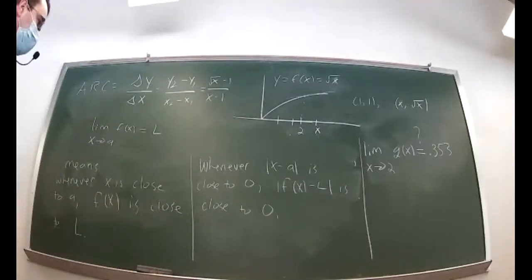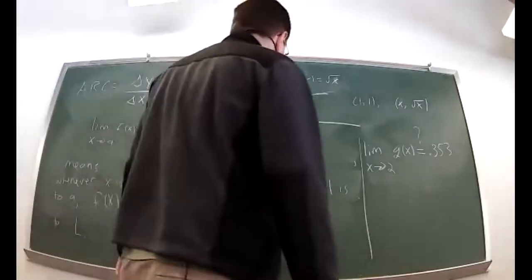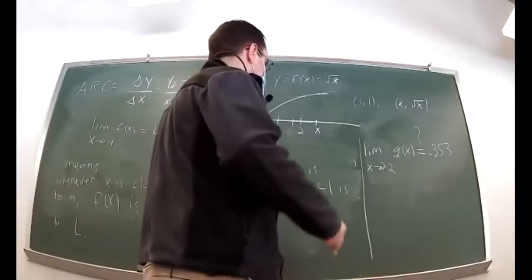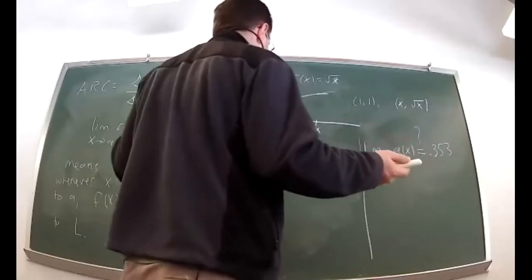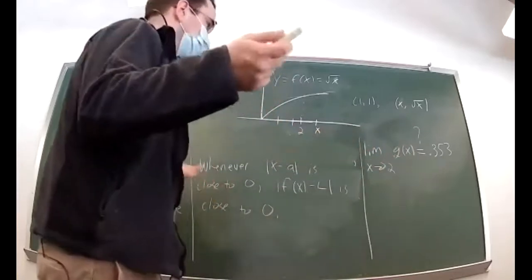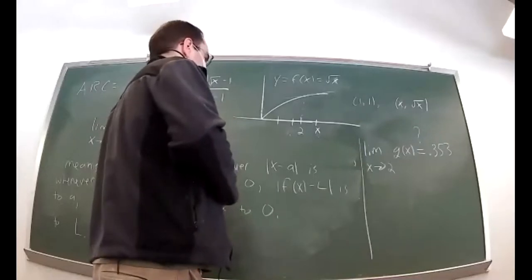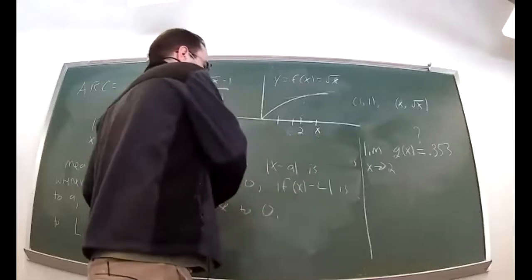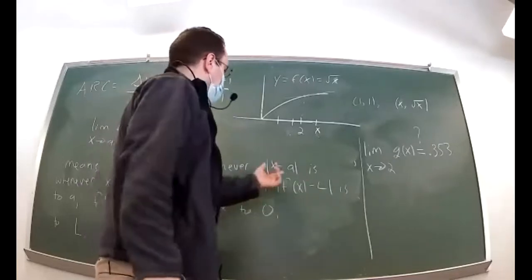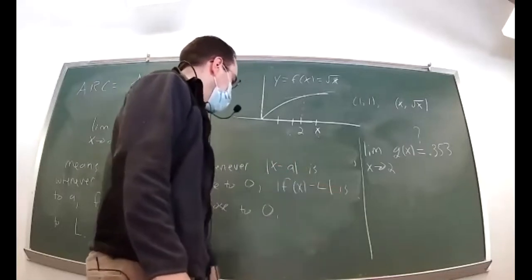If you want to be really formal, you would say something like for any positive number e, there exists another small number, call it d, such that whenever distance from x to a is less than d, then distance from f of x to L is less than e.